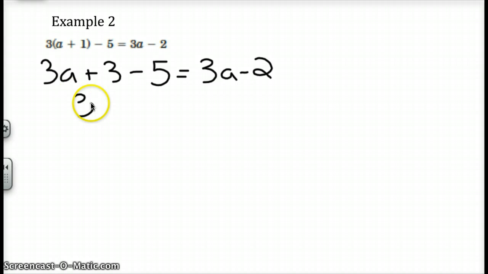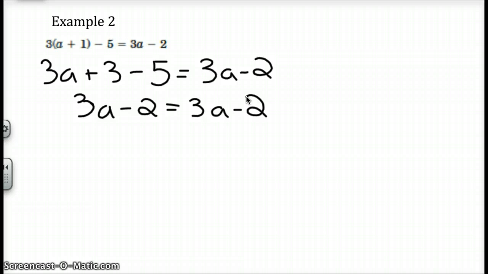So we're going to have 3a, and we're going to add these constants together here. So we'll end up with minus 2 is equal to 3a minus 2. Now from here, we can realize that the equations are the exact same. So if we were to continue and move all of our a's to one side and all of our constants to the other side, we would end up with 0 is equal to 0.